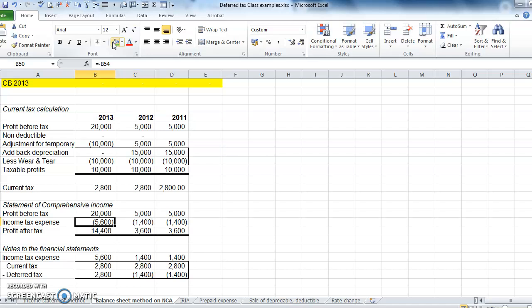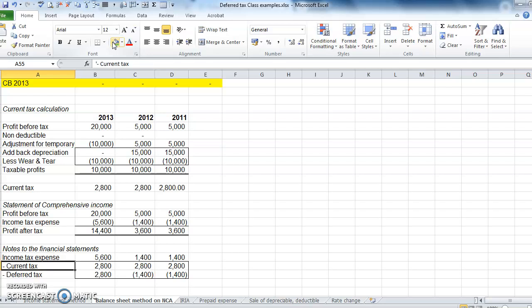If you do the calculation, 20,000 times 28% gives you 5,600, and 5,000 times 28% gives you 1,400. And then you have your profit after tax. Over here, I'm just showing you how we got to the income tax.